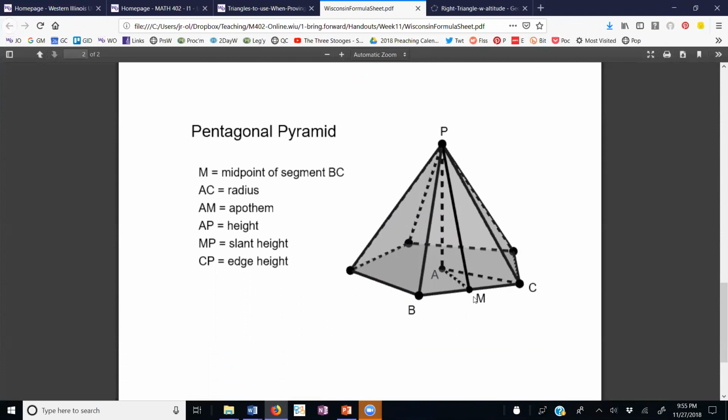The slant height, which is MP, the edge height, which is CP, and just the plain old height of the pyramid, which is AP. And visualizing those right triangles is important, involving those heights, and the right triangle that's down here in the base. Triangle AMC is a right triangle as well. It doesn't really look like a right angle because of the two-dimensional representation of the three-dimensional object.